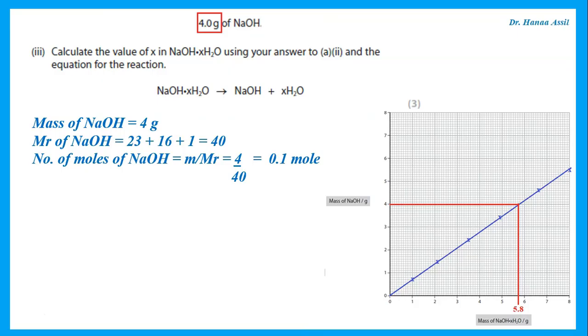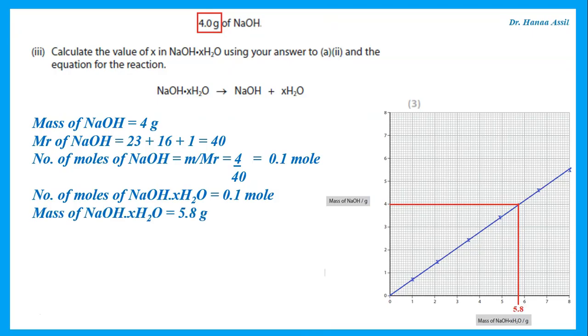Now, from that equation, the number of moles of sodium hydroxide is the same as the number of moles of the hydrated salt. That means I can use that, and we have the mass from the graph is 5.8, and the number of moles, I can use that to get the MR. MR is mass over number of moles. And that means the total MR of the hydrated salt is 58.